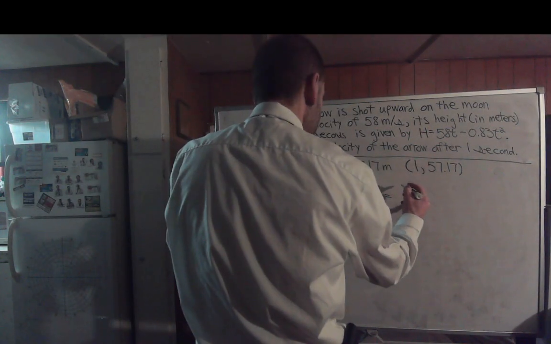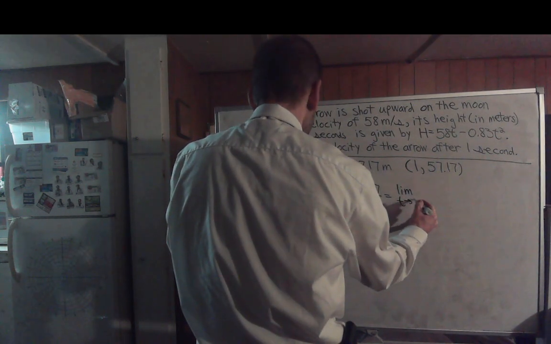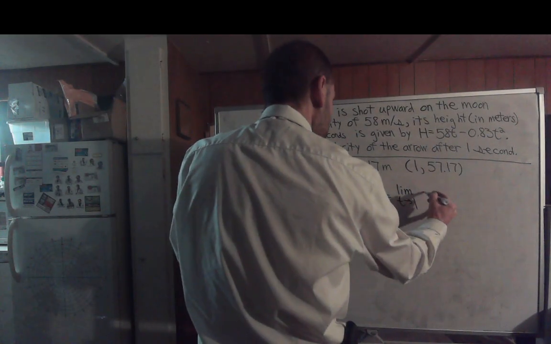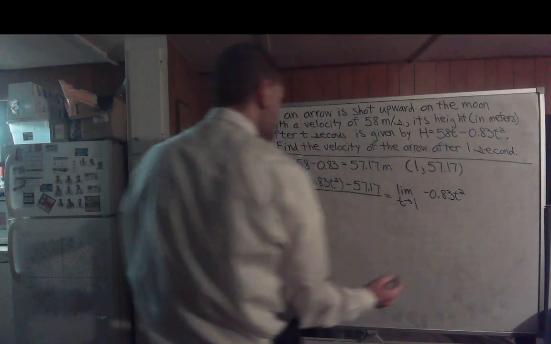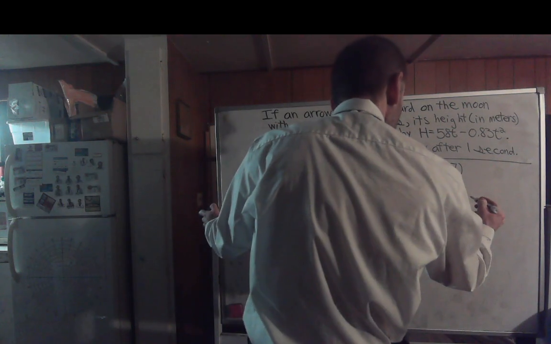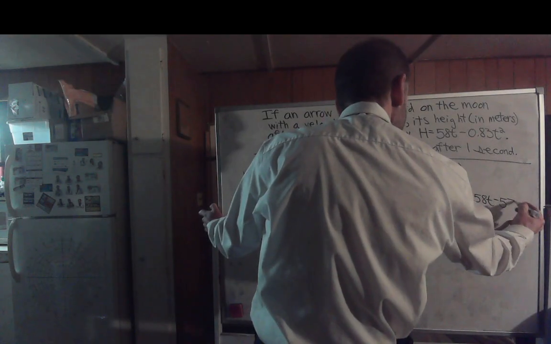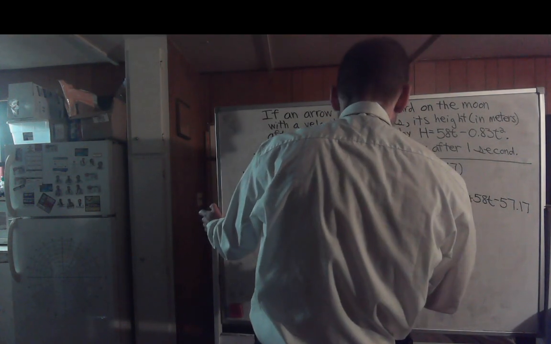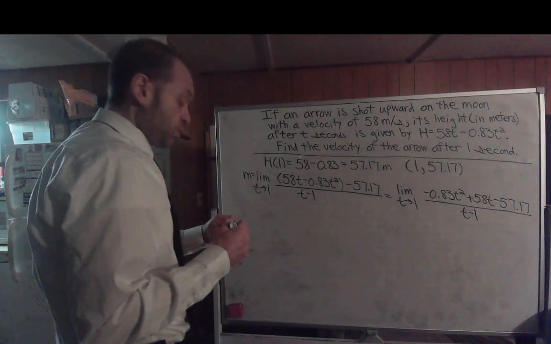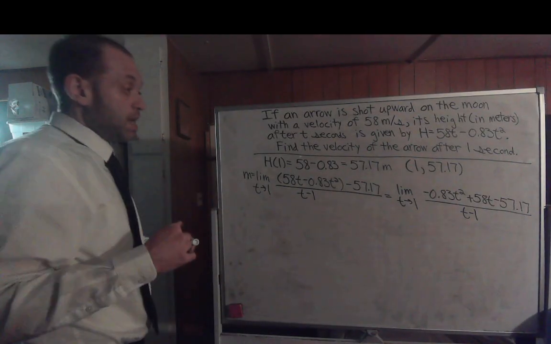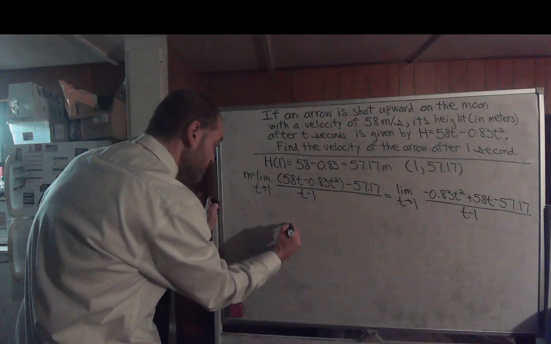So this should end up giving you the limit as t approaches 1 of negative 0.83 t squared plus 58t minus 57.17 all over t minus 1. Well, let's go ahead here and do our polynomial long division.